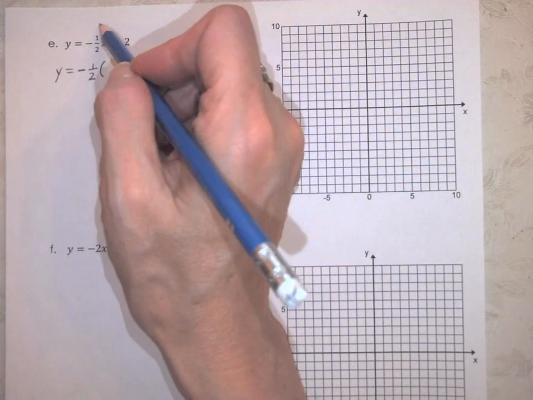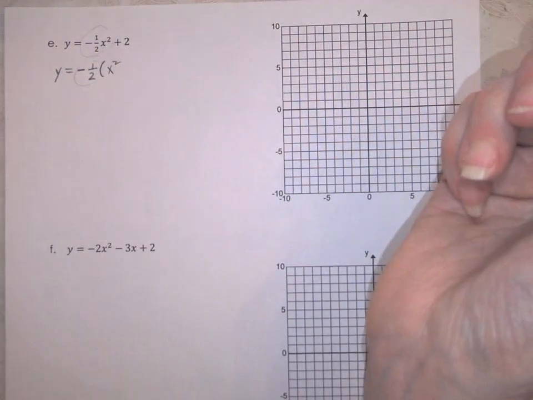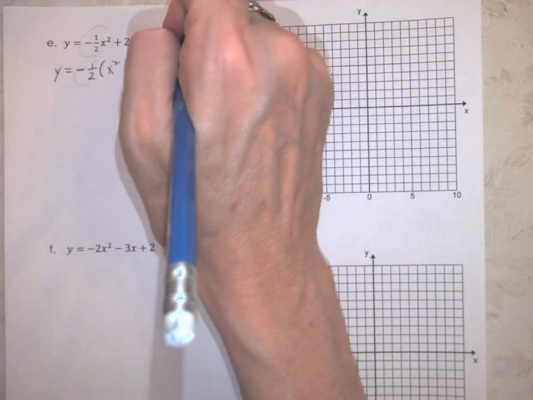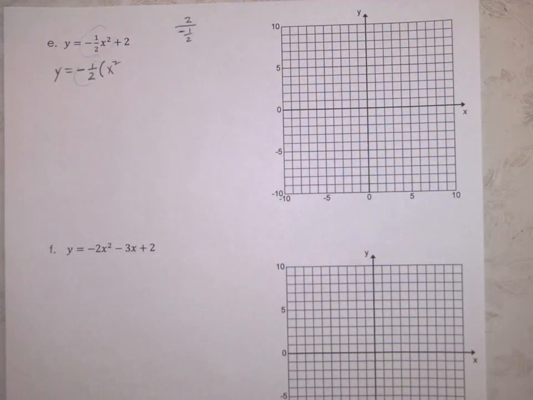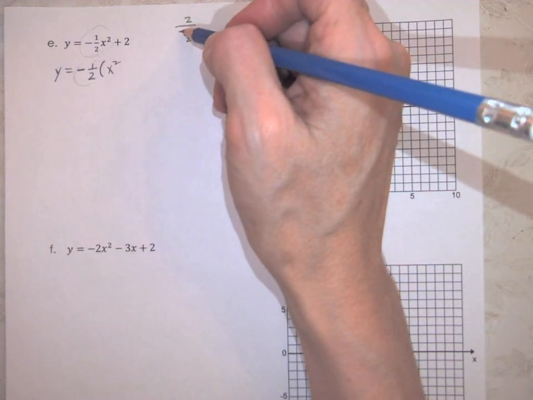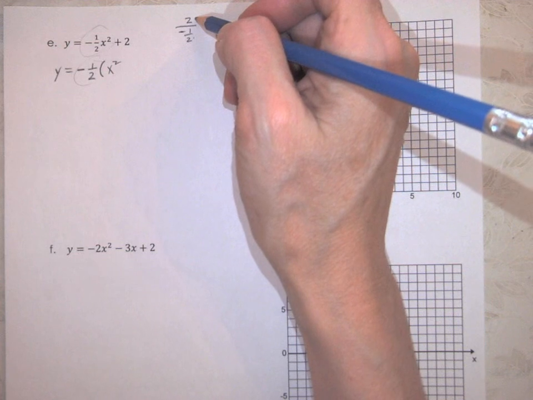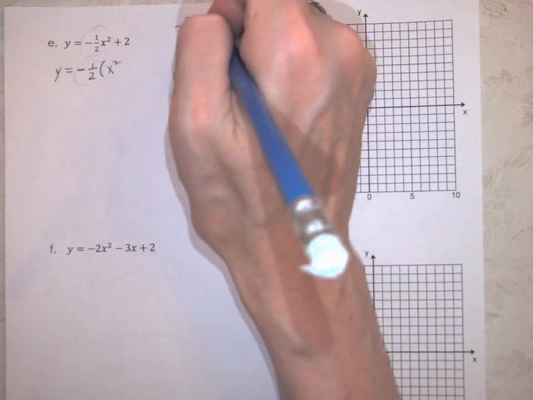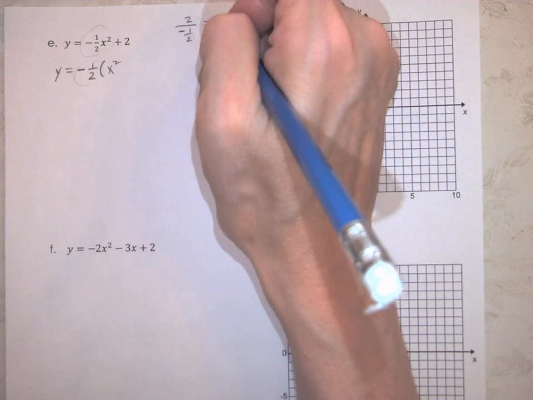So -1/2 x squared divided by -1/2 is x squared. But let's think about 2 divided by -1/2. Well, first of all, if you just ignore the negative for a second, 2 divided by 1/2, how many halves go into 2? It should be 4. But we could also use the rule that when you're dividing by a fraction, you multiply by the reciprocal.